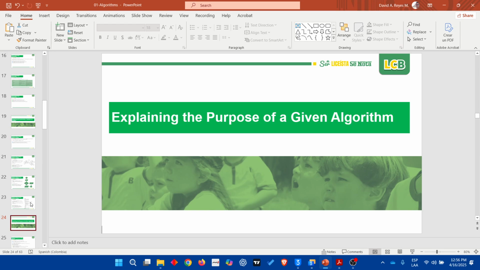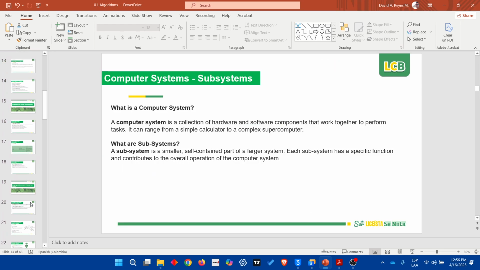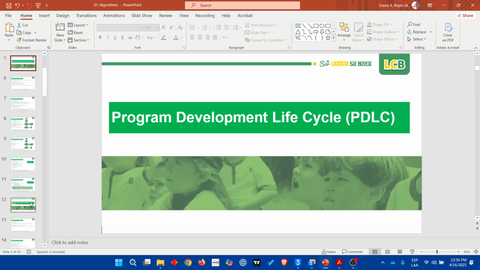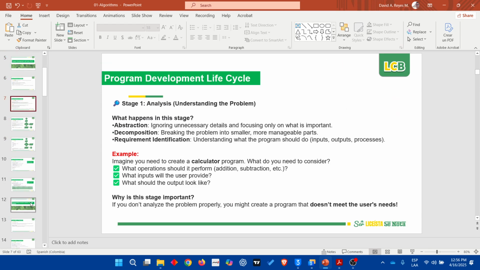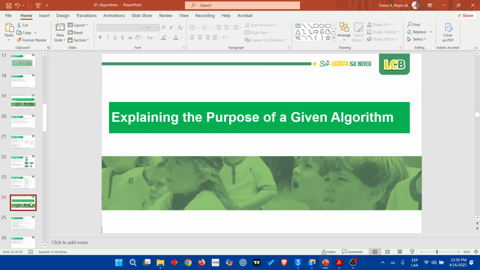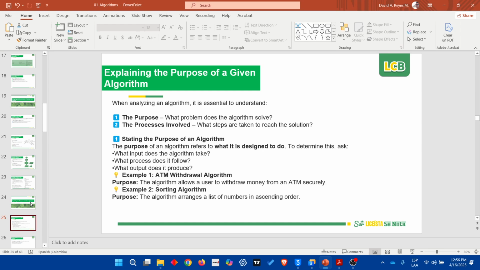Explain the purpose of a given algorithm. Okay, okie dokie. So that means that now we are going to start talking about coding. This one: coding, writing the actual program. So for writing an algorithm, obviously you need to understand the purpose of the algorithm. So you are not going to start writing something when you don't understand what you are going to write it for or the use of that.